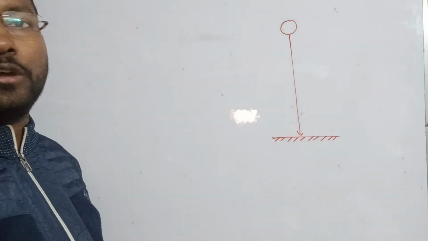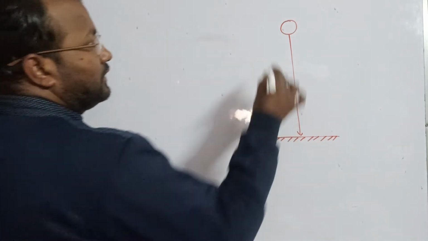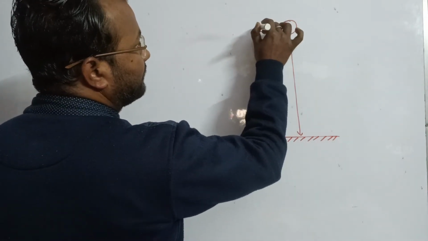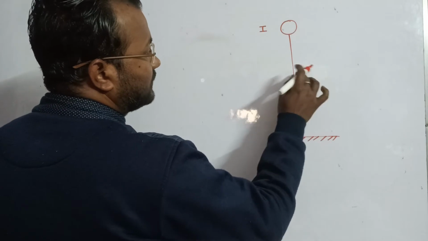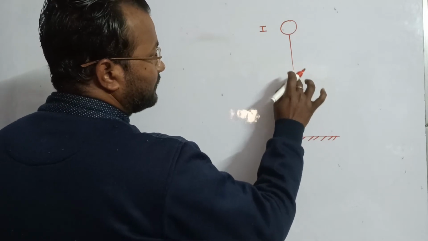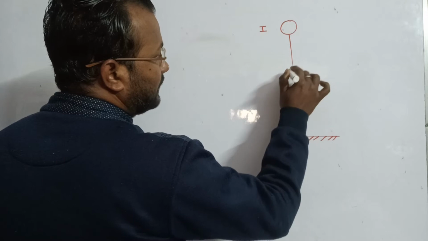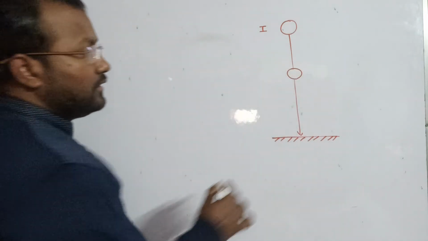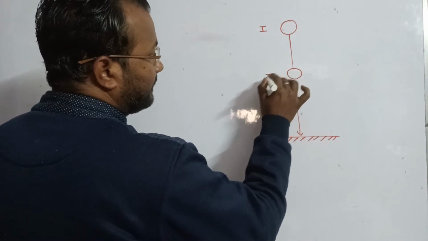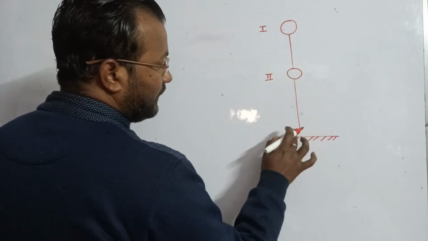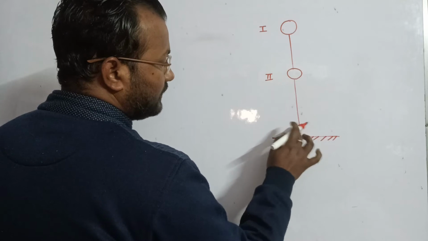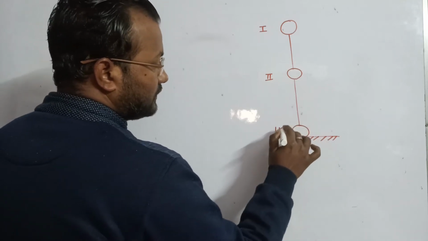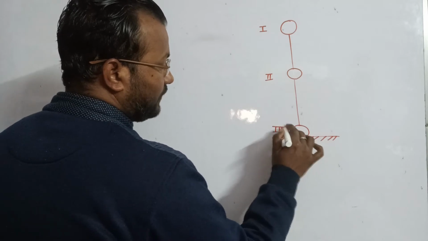This is the freely falling body we have chosen. This is suppose height h. This is the first case, and after some time, let us suppose this body has covered the distance here, like the second case. The third case will be the body just going to strike the ground.